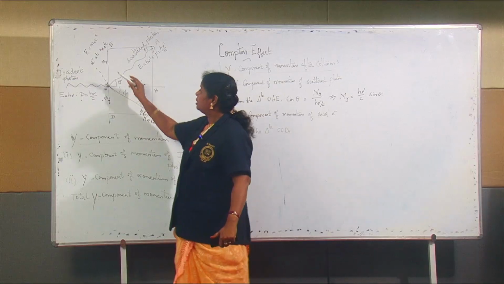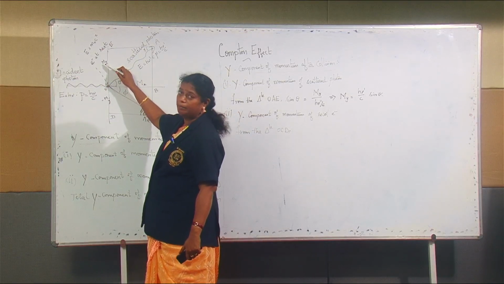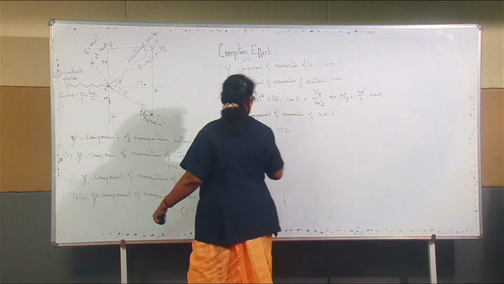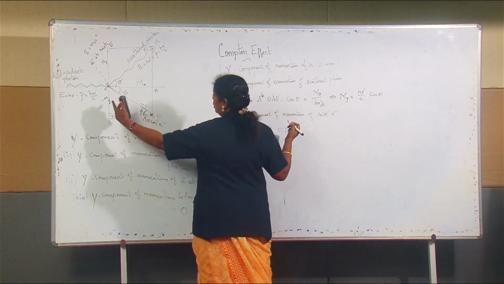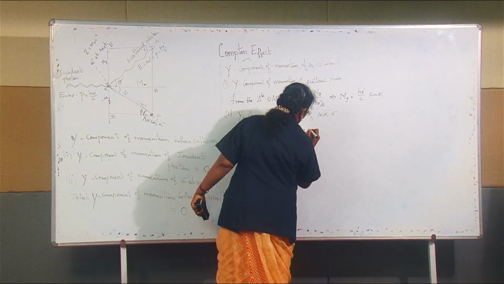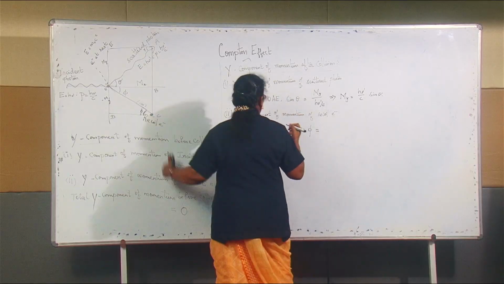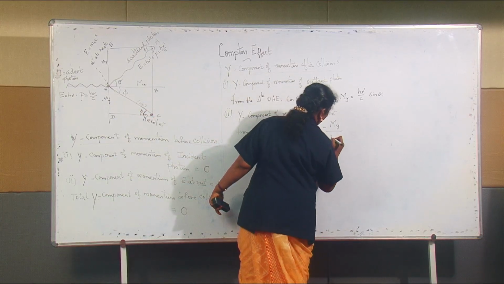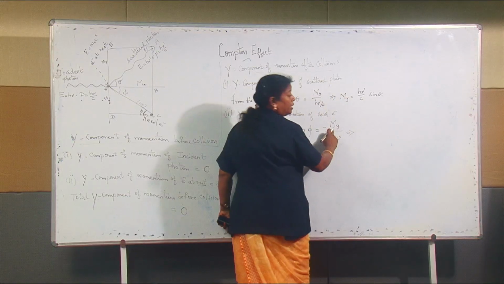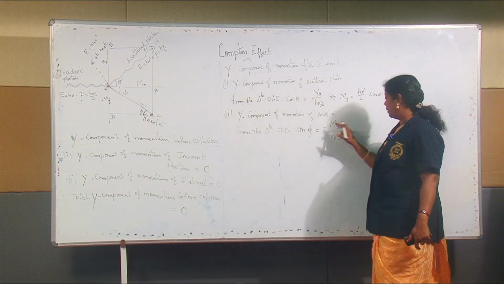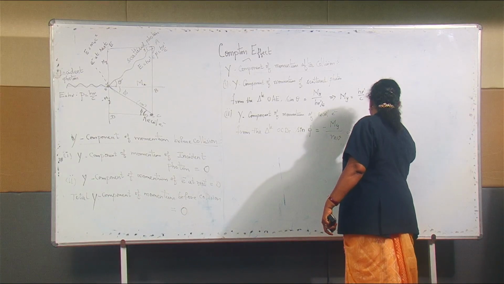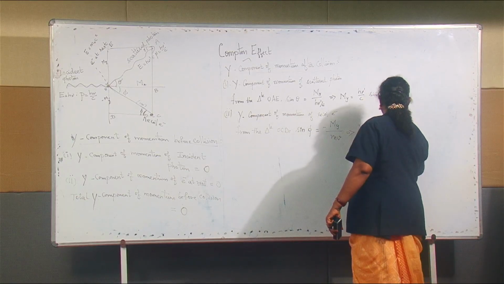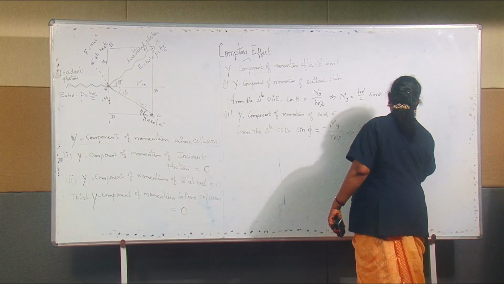Let us see the diagram. Here we have the positive y-axis, so it is plus py, but here it is the negative y-axis, so it is minus py. From the triangle, it is opposite to the angle, so again we use sine phi. Sine phi is equal to the opposite side, minus py, by the adjacent side, mv. We need the momentum along the y-axis only. Therefore, py is equal to minus mv sine phi.